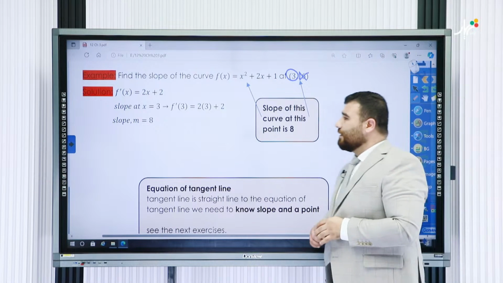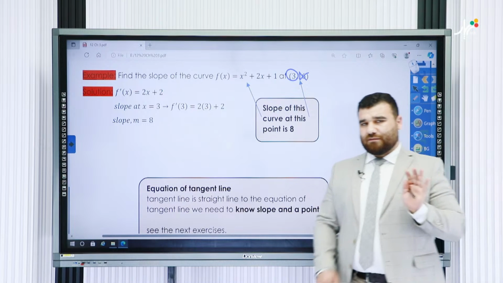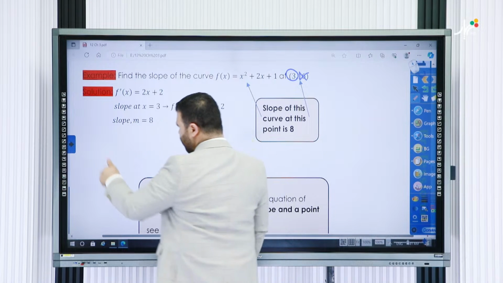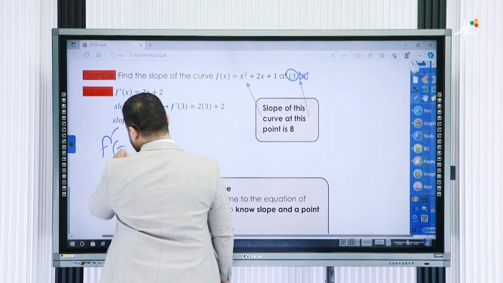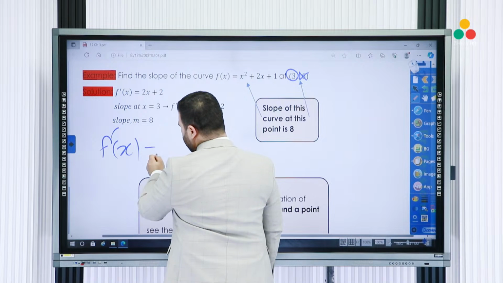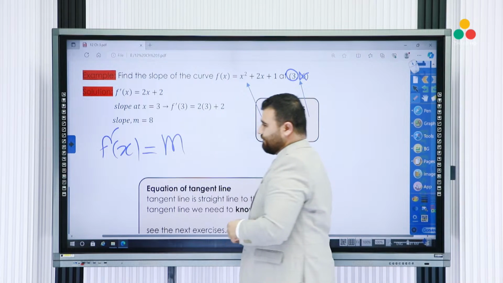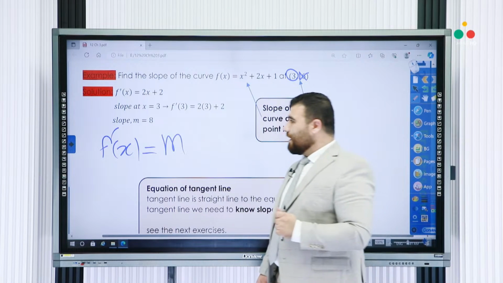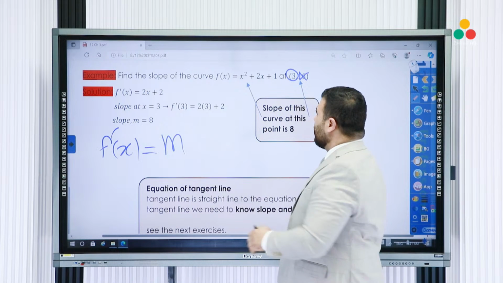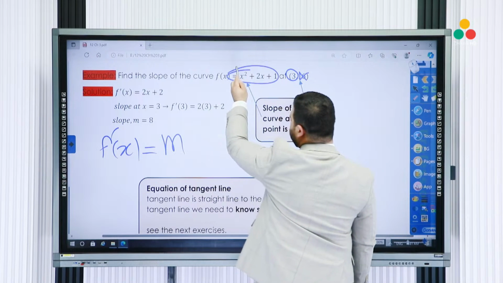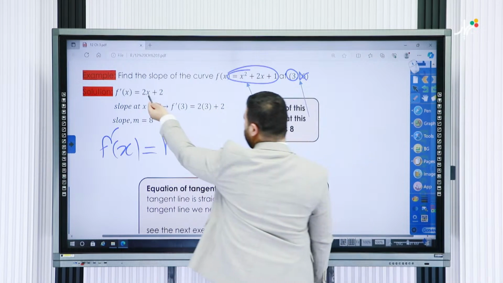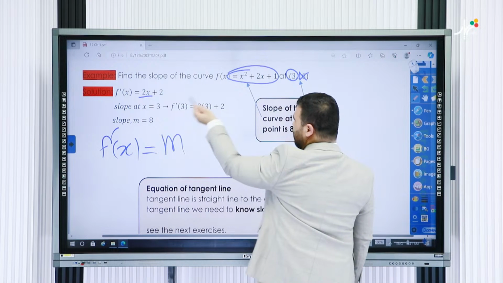Okay? Now, to find slope, we need to find the derivative first. Remember, f prime of x, which is the derivative, is equal to slope. m is slope. f prime of x is equal to slope. What's the derivative of this? Derivative of x squared is 2x. Derivative of 2x is 2.